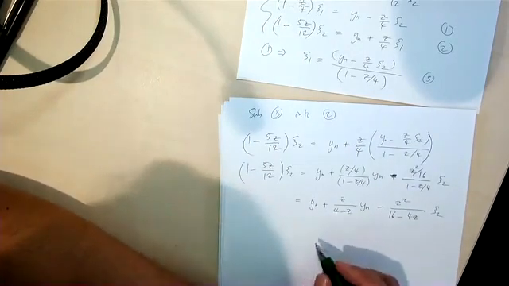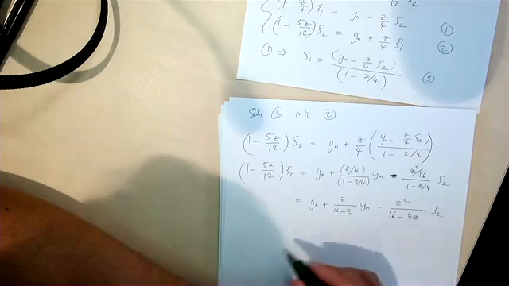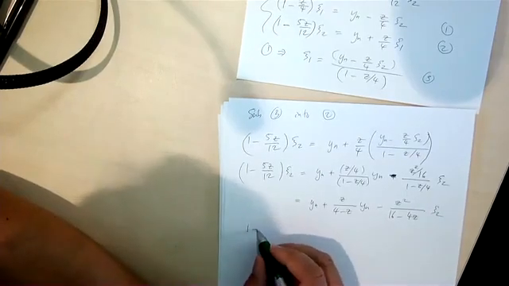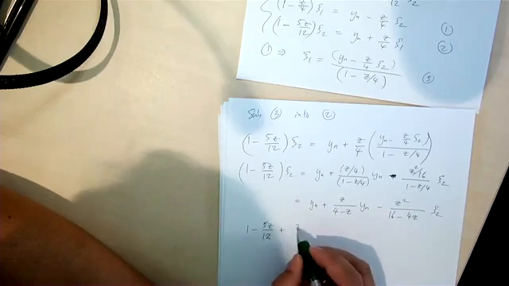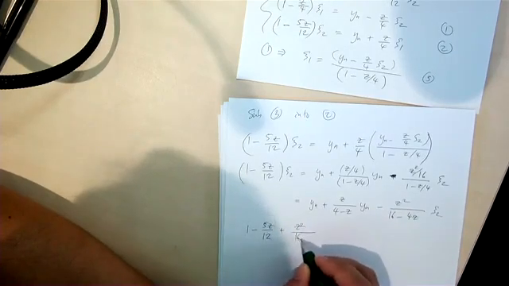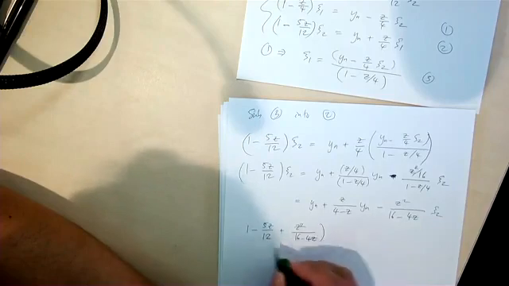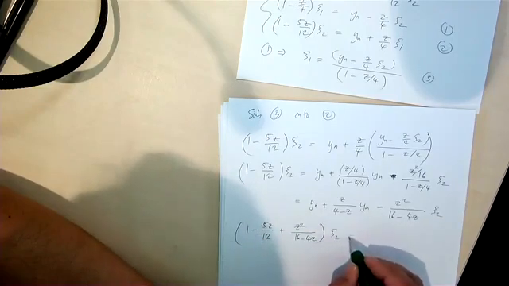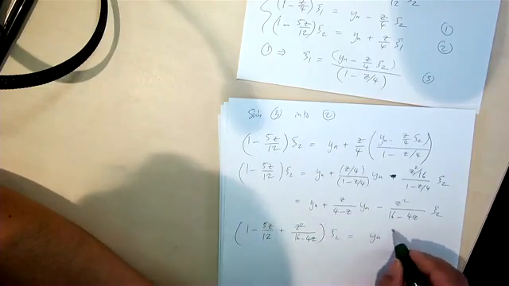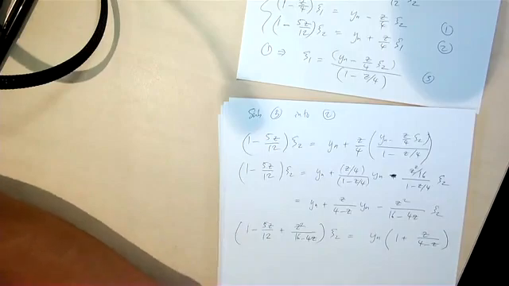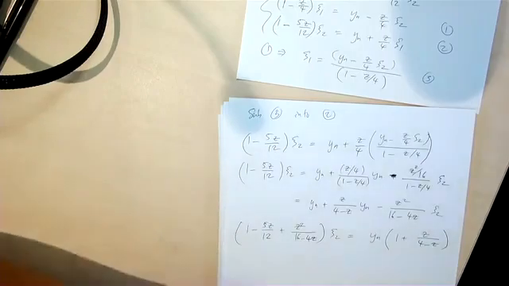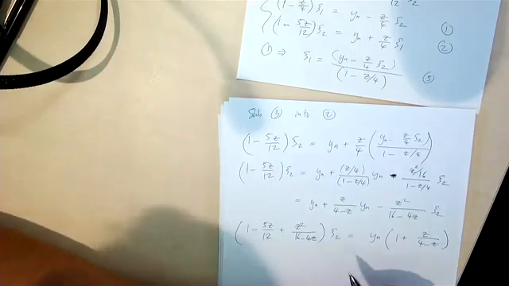And then I move it to the left. So I have 1 minus 5z over 12 plus z squared over 16 minus 4z times xi2 equal yn times 1 plus z over 4 minus z. So it's a bit tedious, but it can be done.